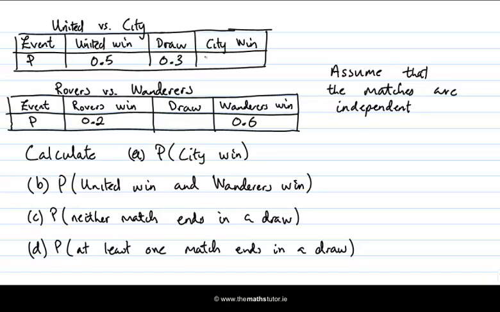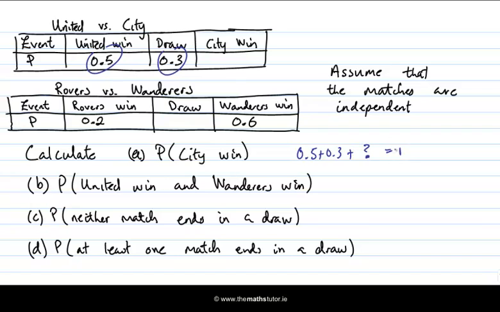the sum of all the probabilities of all of the outcomes must be 1. So whatever the probability of a City win is, it must be the number so that when I add up these three numbers, I'm going to get 1. So I need 0.5 plus 0.3 plus whatever my answer is to be 1.